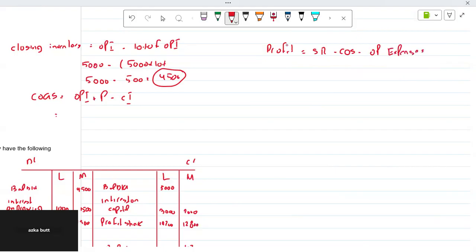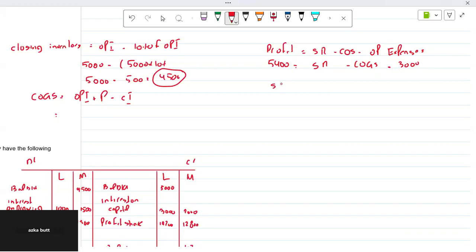Profit is equal to 5,400, sales revenue we don't know, minus cost of goods sold, again we don't know, minus operating expenses equal to 3,000.